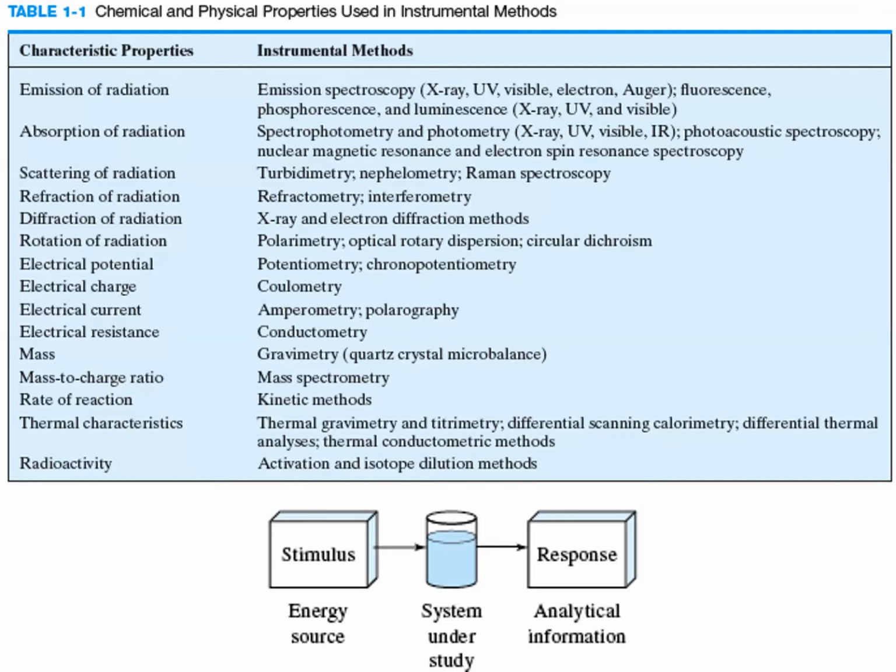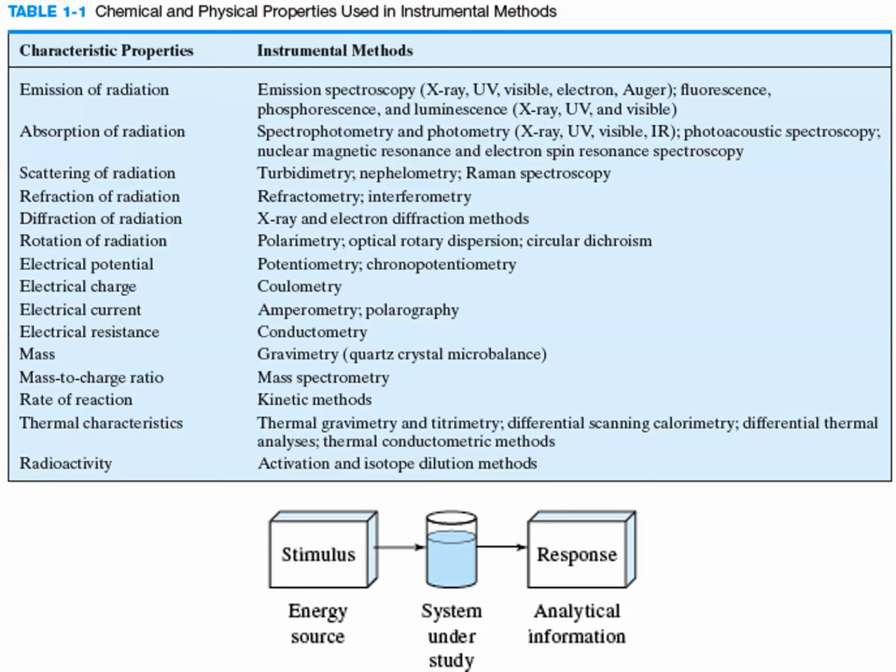That's where mass spectrometry comes into play. It's widely used. Now, if you want to measure the rate of a reaction, we talk about kinetic methods. There are other methods that make use of thermal characteristics, in which case we talk about thermogravimetry, TGA, and titrimetry.